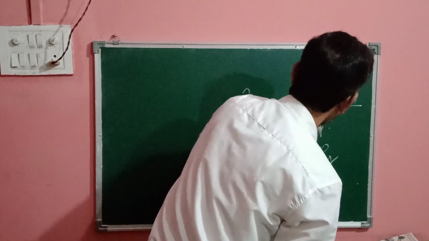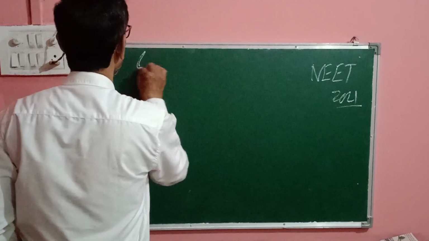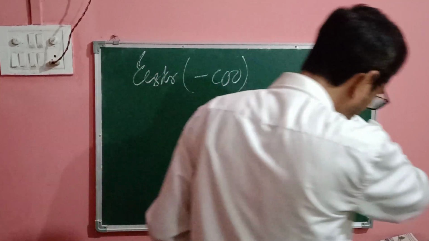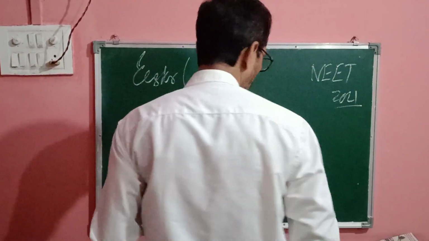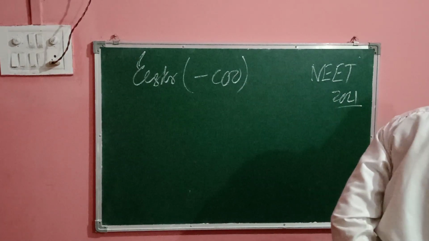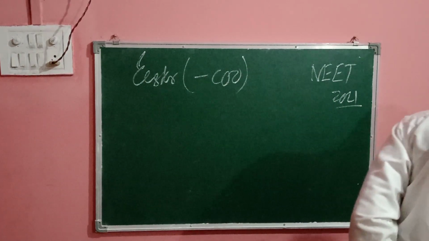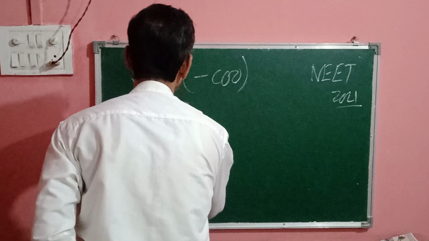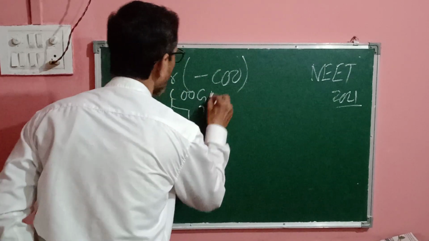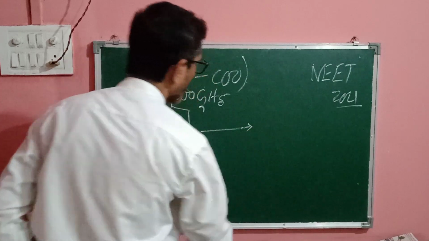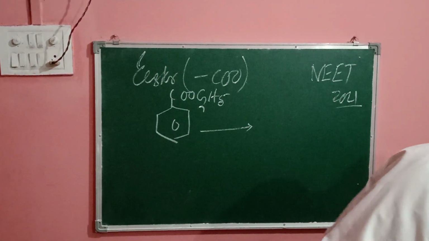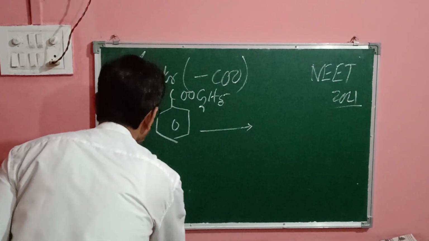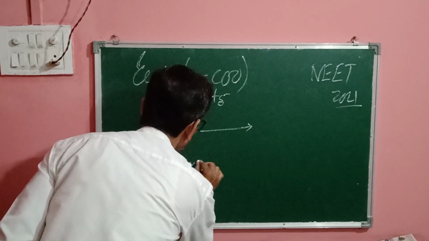So next and last preparation is from ester. What is ester? Ester is actually a C double bond O group attached to the compound. This is ethyl benzoate, I think. Ethyl benzoate.